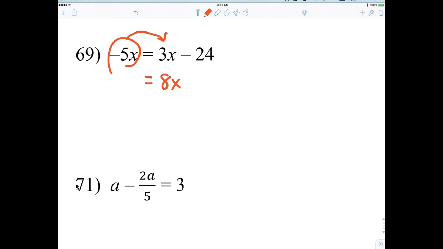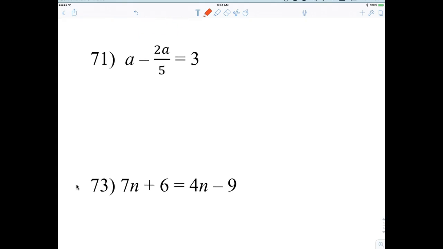And then I'm going to move the minus 24 to the other side, so that becomes positive 24. And so now x equals 3. Nice. Very easy. If you're sitting there going, wow, I have no idea what he's doing, put your hand up and let me explain it better to you. Anybody have any issues? All right, I like it.